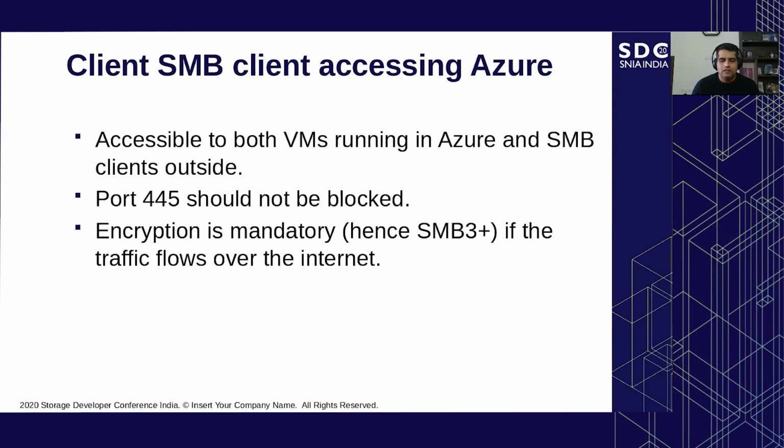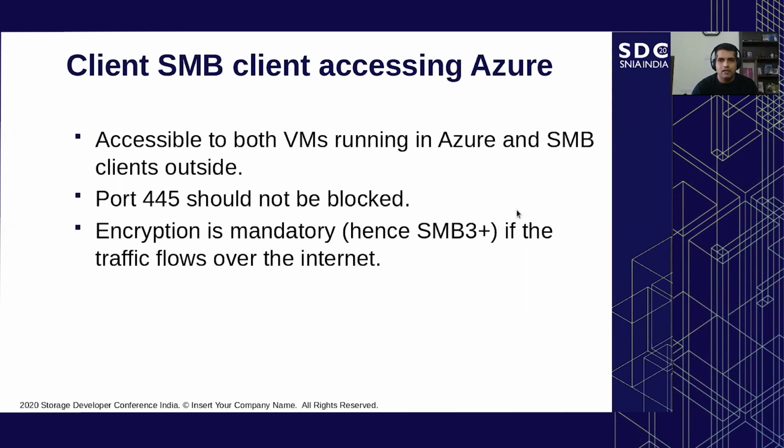Azure file share is a file share service which is running on Azure. So you can access these file shares both from the Azure VMs that are running on Azure, as well as the SMB clients that are running outside, anywhere on the internet. Although if it is running over the internet, one key requirement to look for is that the port 445 should not be blocked in any of the path between the client and the server.